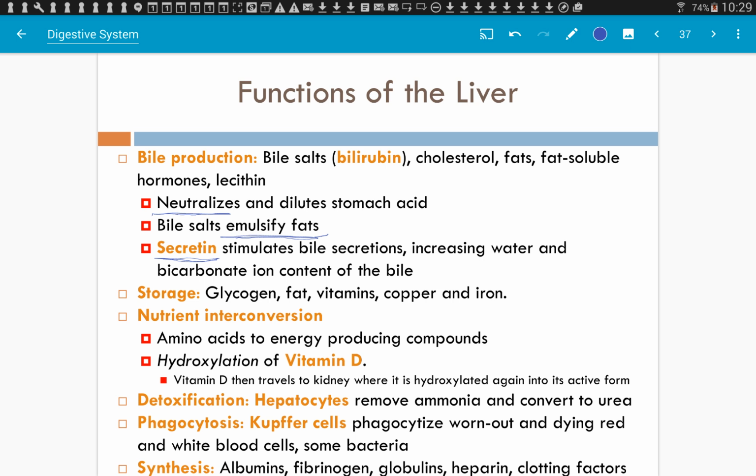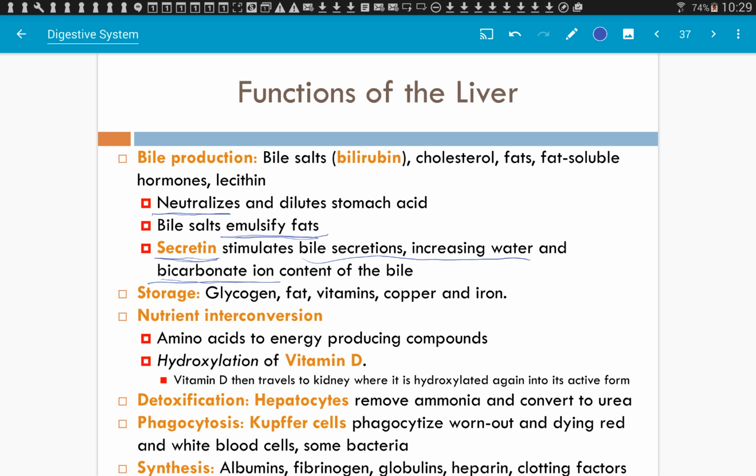Okay, and the bile secretions are going to increase the water. Bicarbonate naturally occurs, and that acts as a buffer. Actually, bicarbonate is a neutralizing molecule, so it helps reduce the acid.